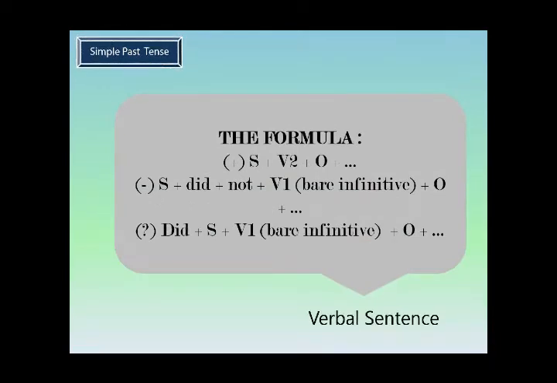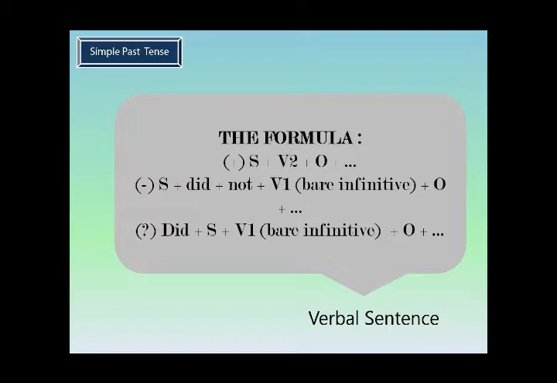For positive verbal sentence, the formula is subject plus verb 2 plus object. For negative verbal sentence, the formula is subject plus did plus not plus verb 1 or bare infinitive plus object. For interrogative verbal sentence, the formula is did plus subject plus verb 1 or bare infinitive plus object.